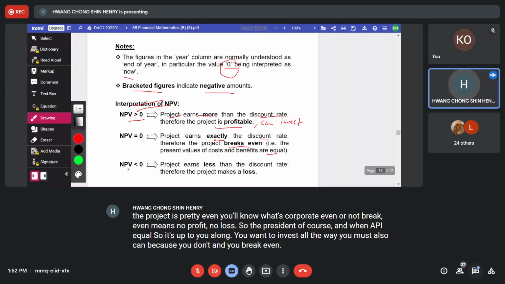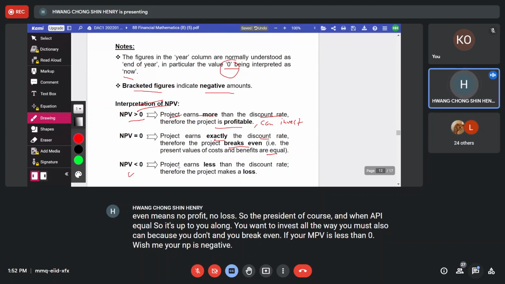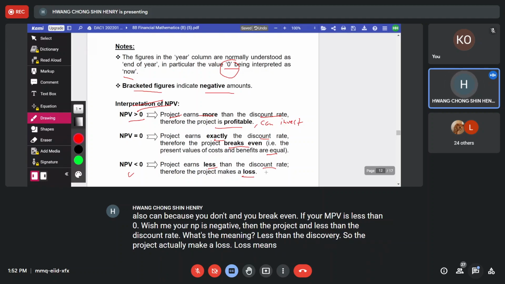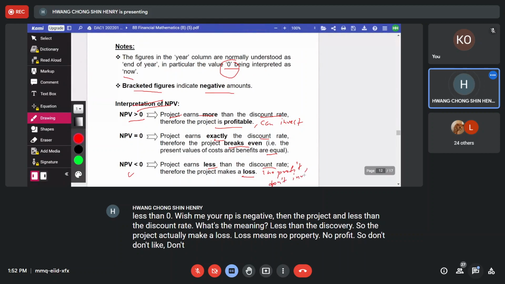If your NPV is less than 0, which means your NPV is negative, then the project earns less than the discount rate. What's the meaning of earn less than the discount rate? So the project actually makes a loss. Loss means no profit. So don't invest. Okay?